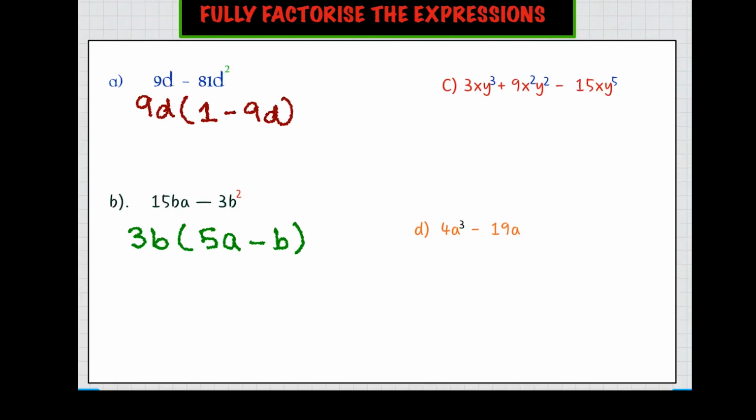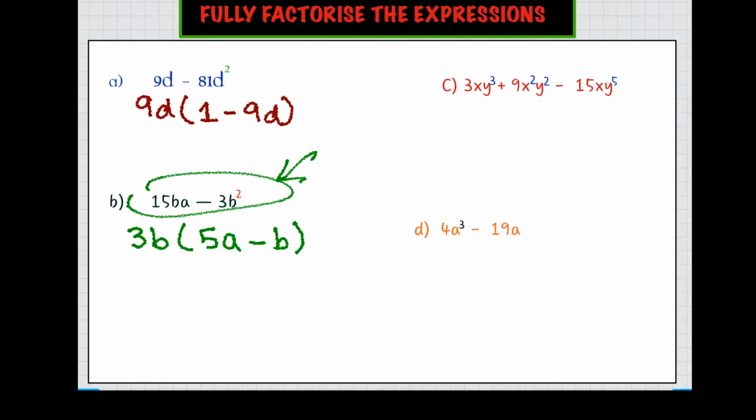So 3b into 5a minus b is the factorized form of this expression. So all you need to do is you need to look for the highest common factor for both the terms and then write it outside the brackets, and the remaining part we would write it inside the bracket.